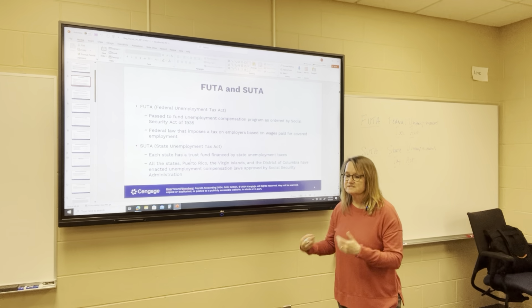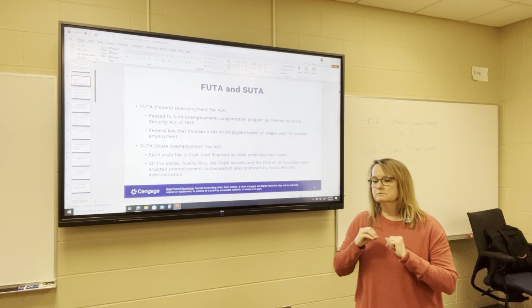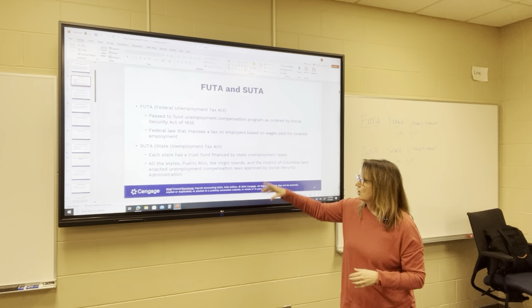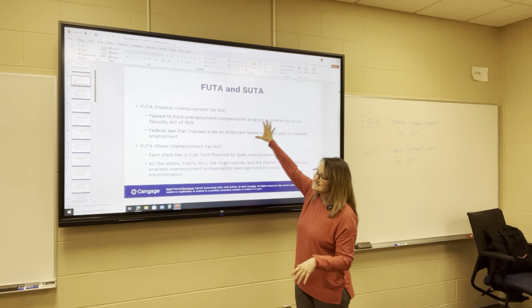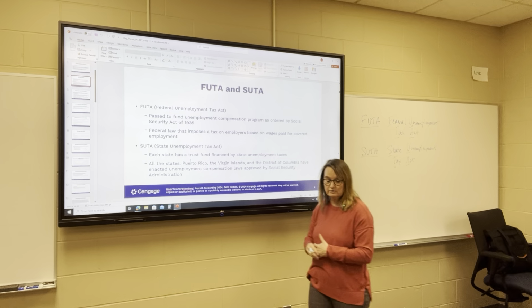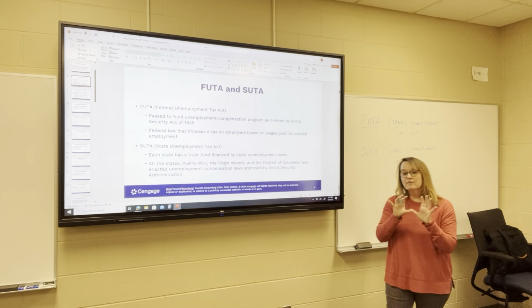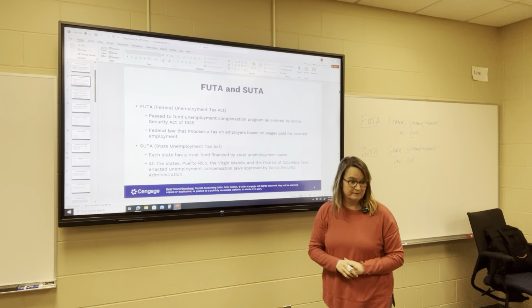So it pays for the salaries of the federal employees who regulate all of the states and ensure that all of the rules in the states are being followed. So that tax is being collected to essentially pay salaries of individuals. So it administers all of the rules. The SUTA tax, however, as I had mentioned, that tax is collected to directly fund unemployment benefits.